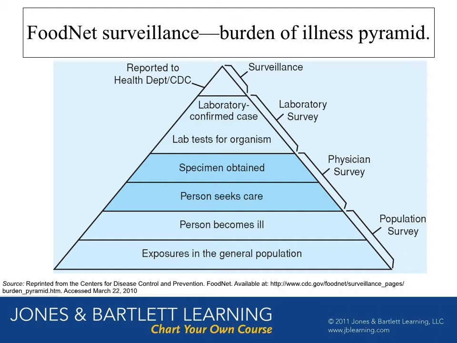Because without the reporting, if you see the bottom levels of this pyramid, exposures in the population, people become ill. Not a lot of people, or most people, actually go to the level of seeking care and getting a specimen and having that sent in and get reported. It's only when something becomes rapidly widespread that we do that.